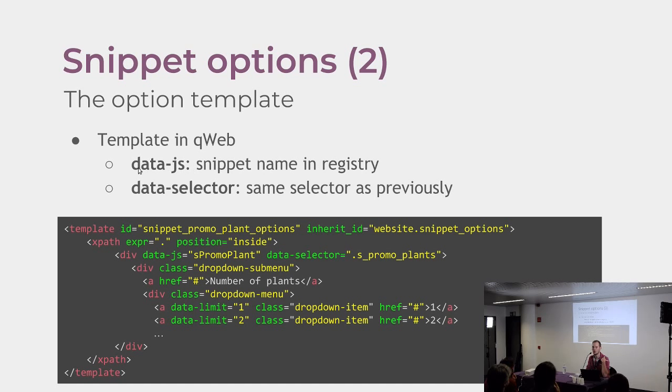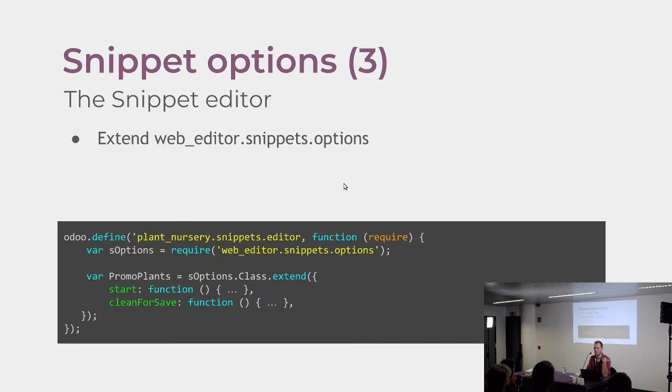To do so, we used some tags here on the HTML, which is the data-js, which is the name of the snippets, and again the selector to bind them. This is another object type of the website framework, which is called snippet options. Before we were using snippet animation, and now we use snippet options.